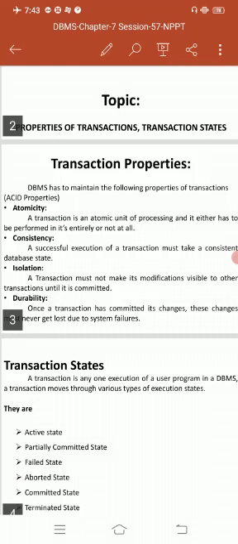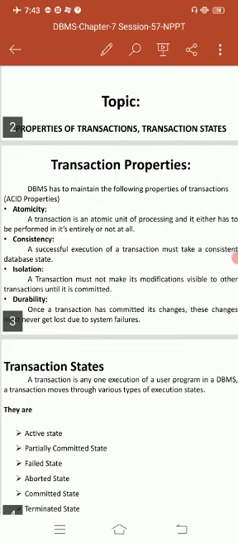It means that while one transaction is running, another transaction is going on at the same time. Isolation is nothing but concurrency control.